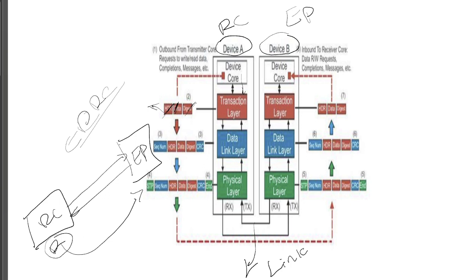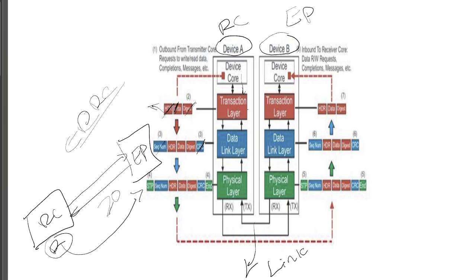Then, once the data comes from the transaction layer to the data link layer, it will add a sequence number and LCRC. Let's take an example where I want to send 20 packets. These 20 packets arrive one by one sequentially.